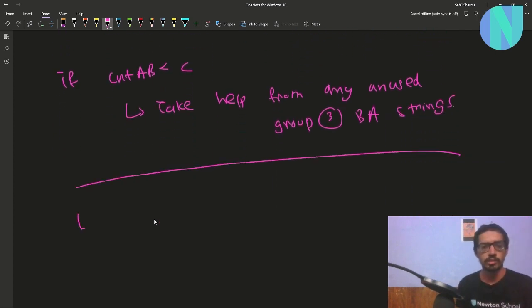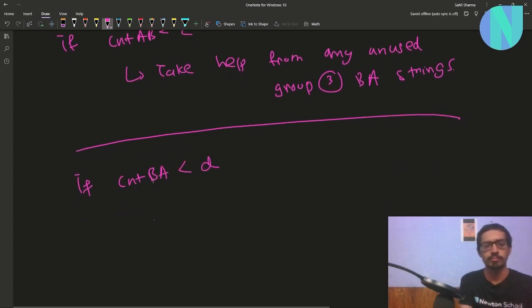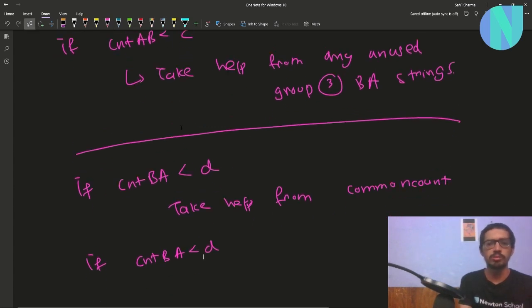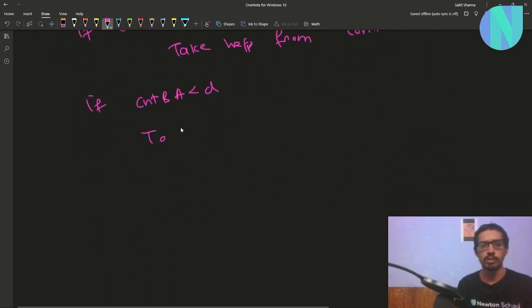Similarly, you can check if count BA is less than D, take help from common count. If count BA is still less than D, take help from unused group 3 AB strings.